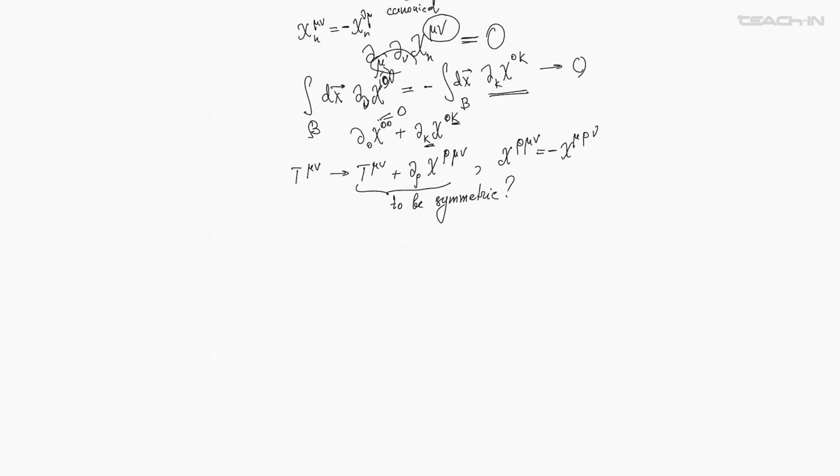Let's denote it by, say, this letter J^{μν}, which is symmetric if and only if the antisymmetric part of the canonical stress tensor T^{μν} is a total divergence, is a total derivative.